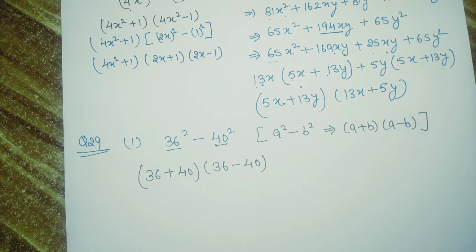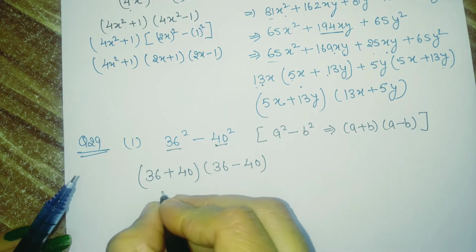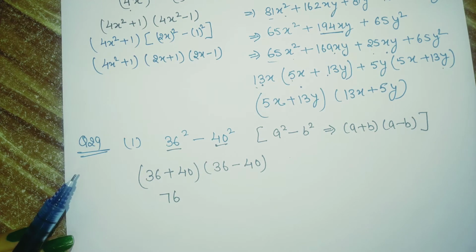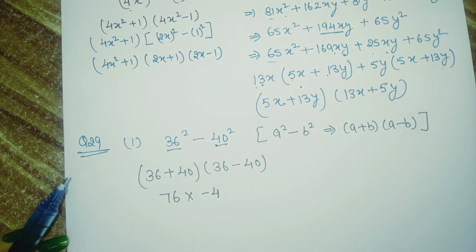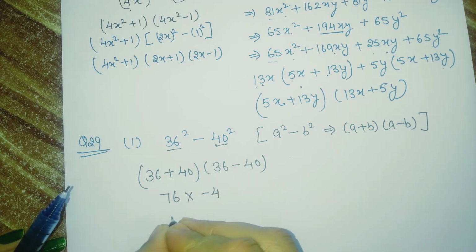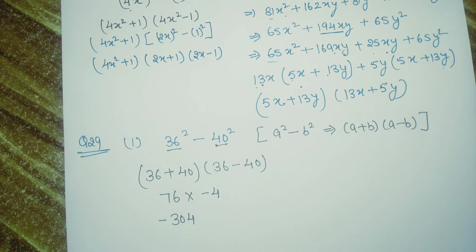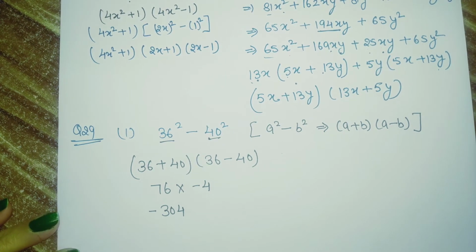So 36 plus 40, the first one is 76, and 36 minus 40, because the minus number is bigger, so here we get minus 4, and when we multiply 76 with 4, we get the answer 304, and 304 is a negative number. Why? Because 4 is negative, so the answer will also come negative.